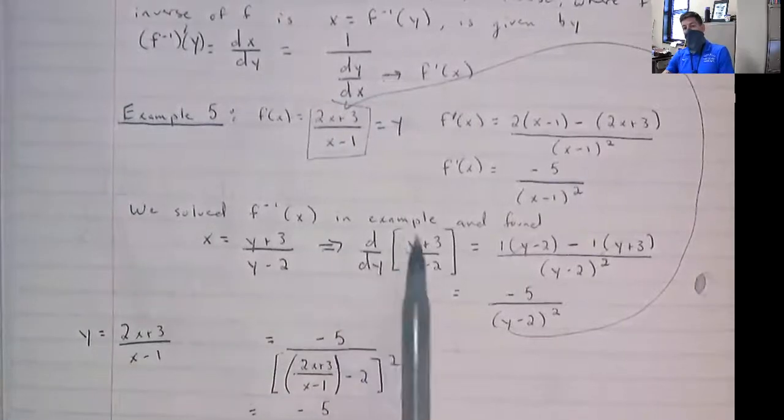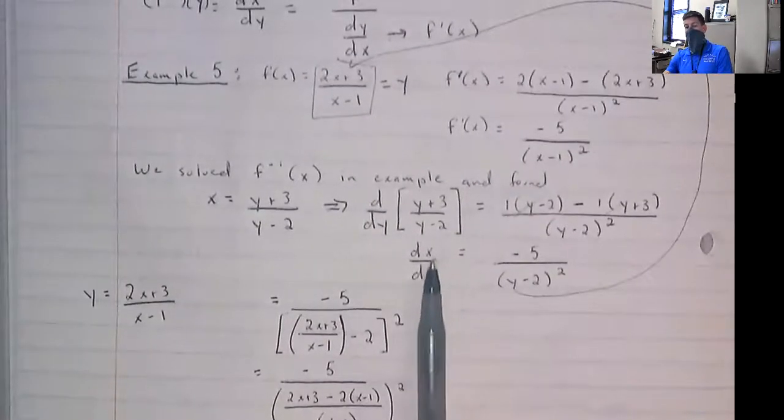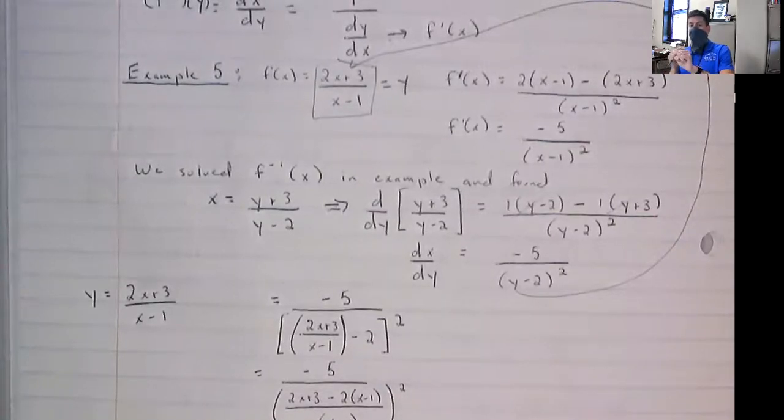And so we're taking that literally with respect to y. So this is the derivative of the inverse in its very literal sense, taking my y values and changing them back into x values.